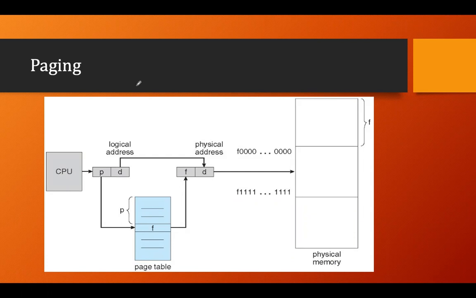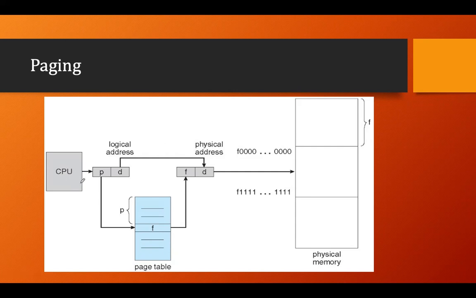So we are in the topic of paging, which is a non-contiguous memory allocation strategy, in which we have learned how the whole process is divided into a number of pages, and these pages will be allocated into the physical memory in terms of different frames. A frame has a size, and the frame size and the page size will be the same.